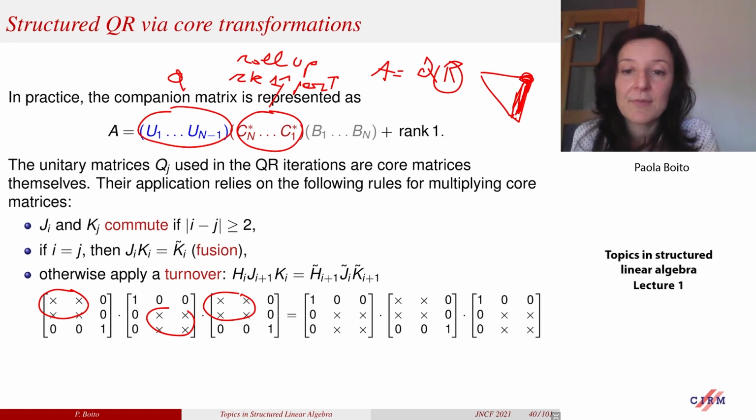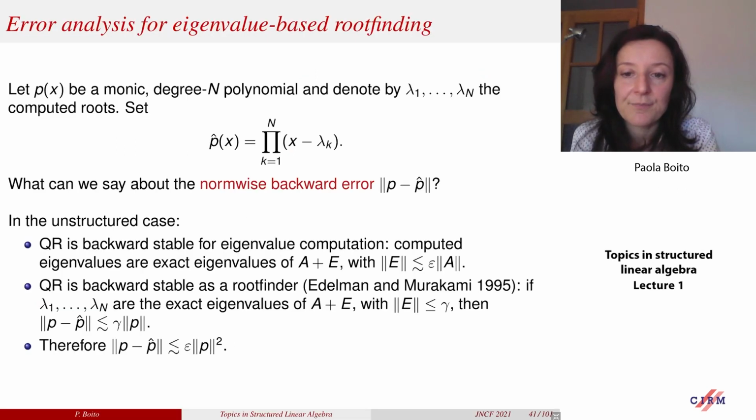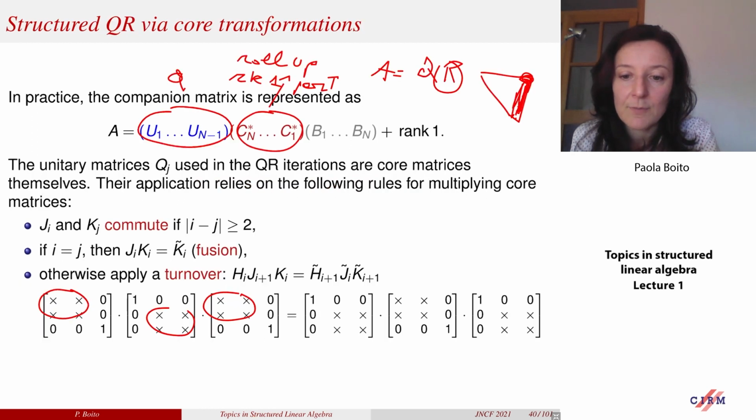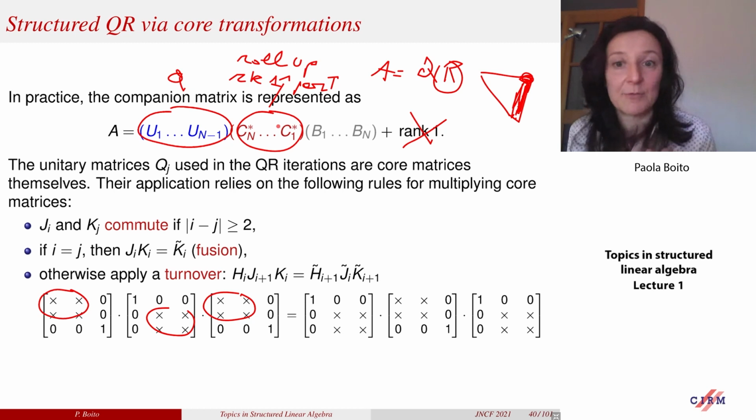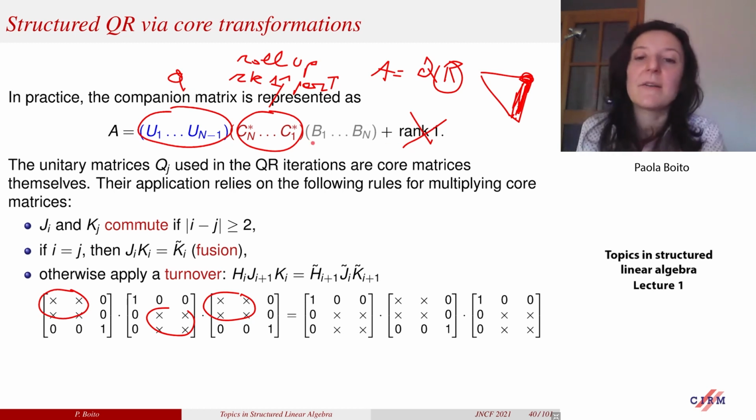Because when you act on such a matrix, you can happily forget about the rank 1 part, which is already encoded in these matrices, which have been chosen as to roll up the vector, so they somehow contain the information hidden in this rank 1 part.